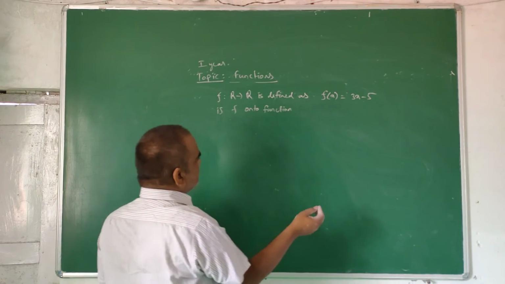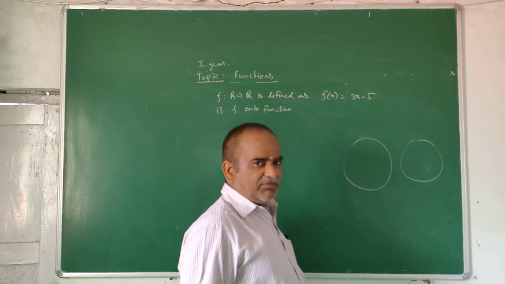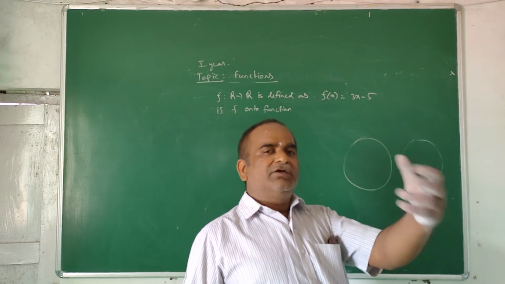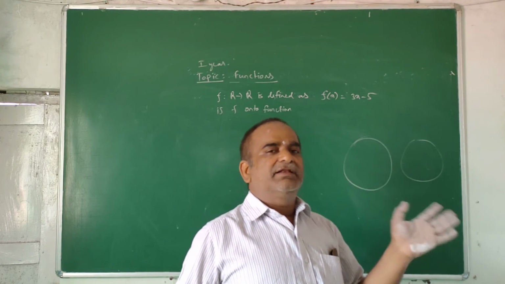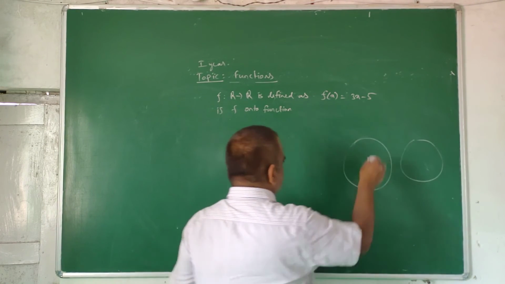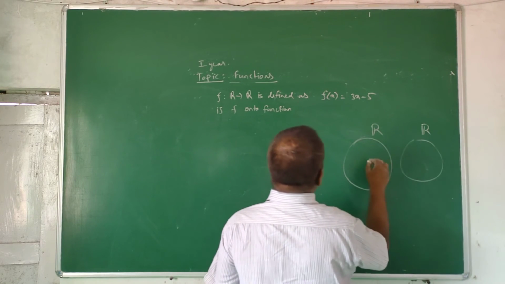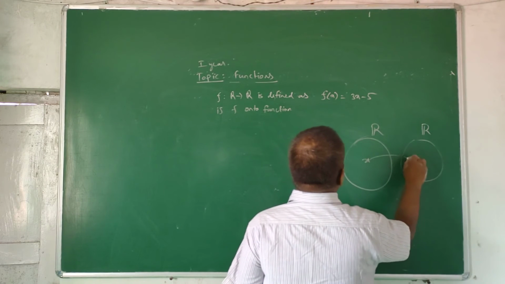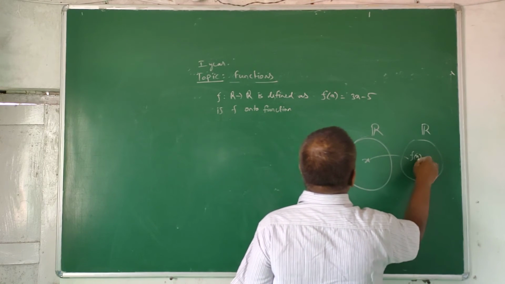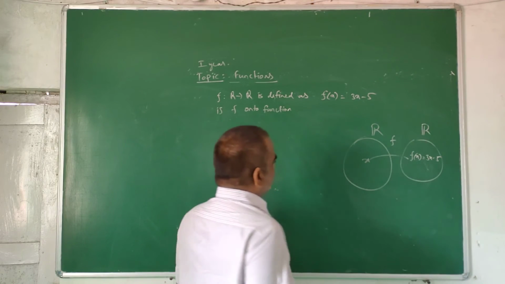So in this case, I'm taking the support of diagrams so that you can understand better; you need not draw these diagrams in the examination. So here there is a function R to R where x maps to f of x, which is equal to 3x minus 5.